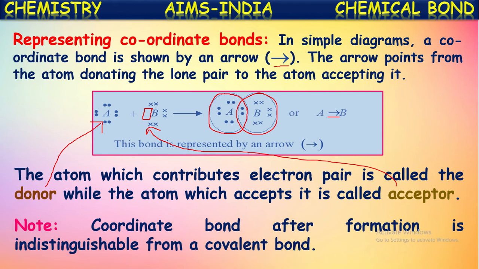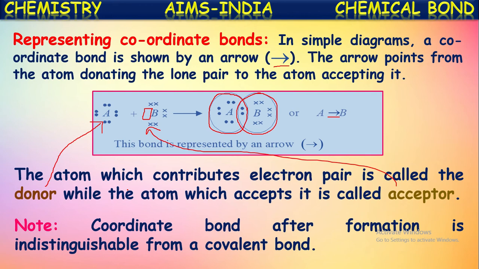Coordinate covalent bond is different from covalent bond just before the bond formation, because in the covalent bond formation both the atoms contribute one electron each, and that pair of electrons is shared by both the atoms. But in the formation of a dative bond, both the paired electrons are contributed by one atom and shared by both the atoms.